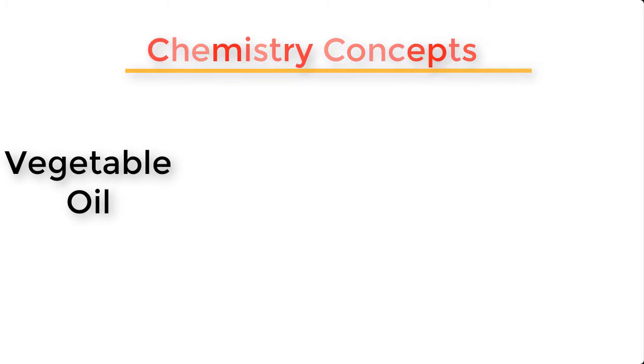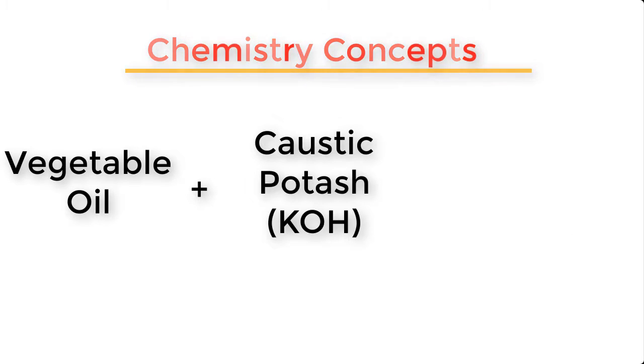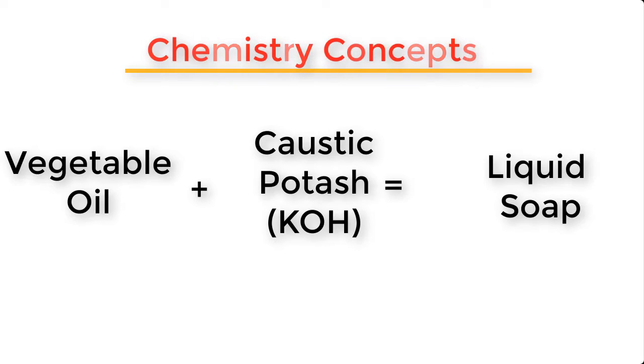But when you add vegetable oil to caustic potash, that is potassium hydroxide, you will get liquid soap. Now, this is the basic characteristic behavior of caustic potash, that is potassium hydroxide, and vegetable oil. The reaction between these two chemicals gives rise to liquid soap, whereas when you combine vegetable oil with caustic soda, that is sodium hydroxide, you will get hard soap.